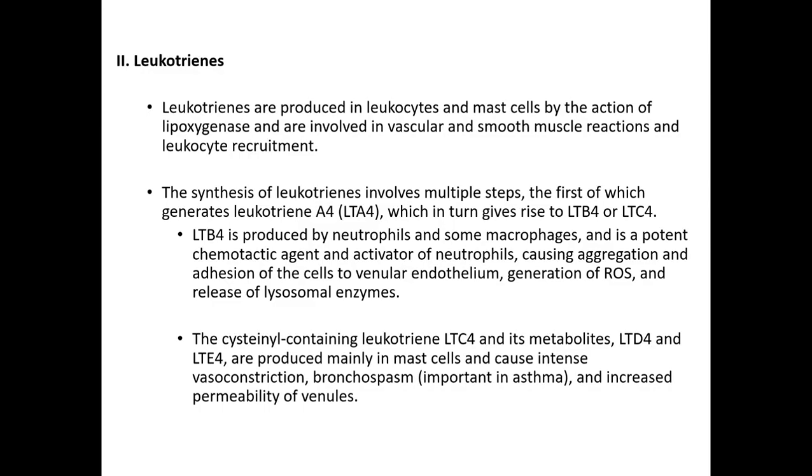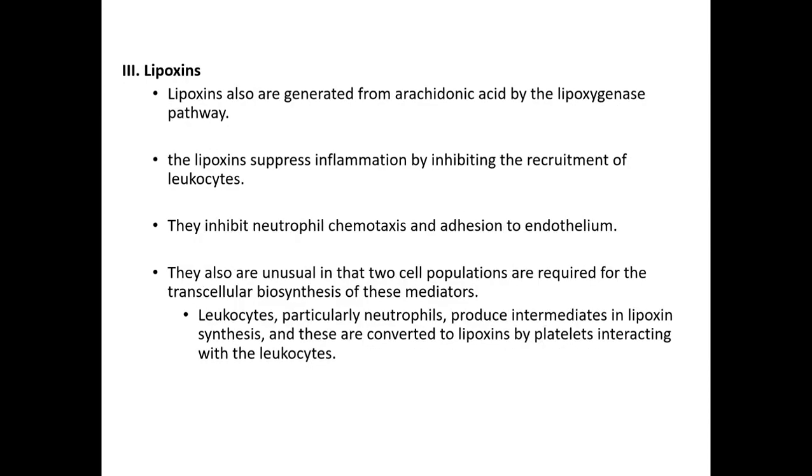The cysteinyl-containing leukotriene, leukotriene C4, and its metabolites leukotriene D4 and E4 are produced mainly in the mast cell and cause intense vasoconstriction, bronchospasm, which is very important in asthma, and increased permeability of the venule. So bronchospasm is caused by leukotriene C4. This is very important to be targeted in the treatment of asthma, so that we can delay bronchospasm.